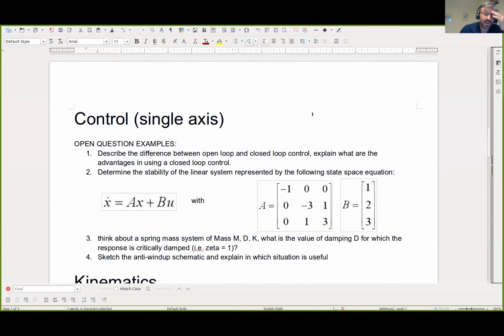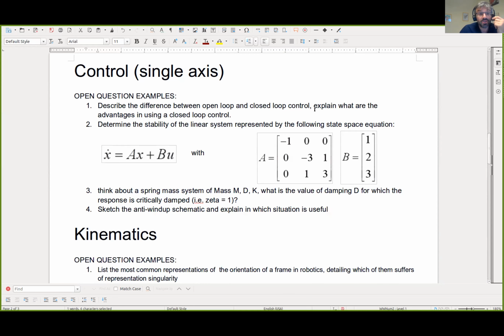Then in terms of control section, some open questions could be: describe the difference between open loop and closed loop control and what are the advantages. It's quite a simple one. Determine the stability of the linear system represented by the following state space equation.